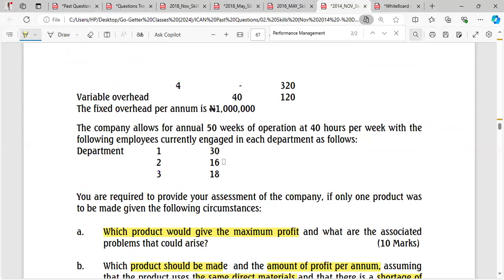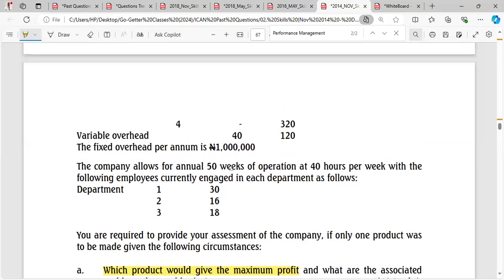2,000 hours. So the company allows for annual 50 weeks at 40 hours per week, with the following currently engaged in the department.